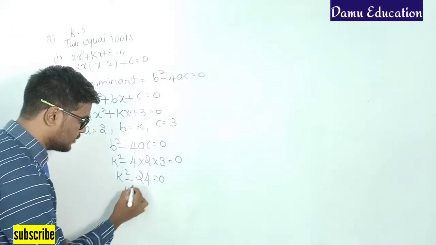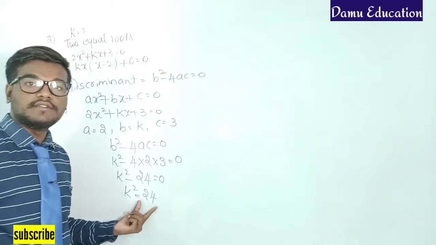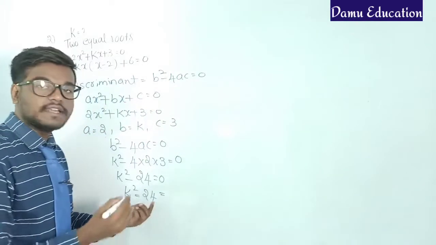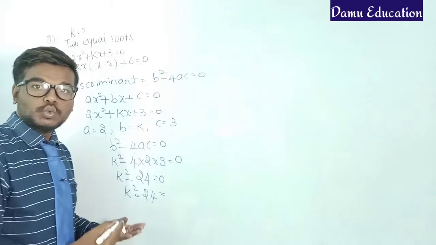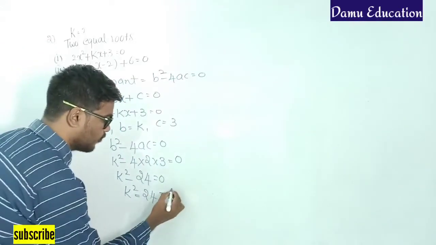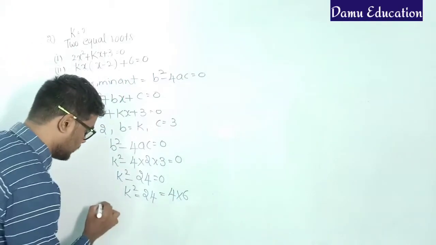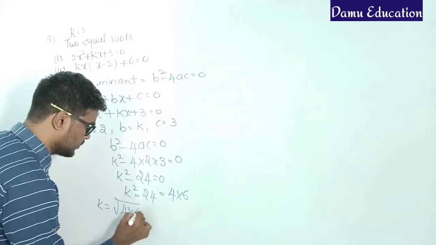Then k square will be equal to 24. We can write 24 as the product of a perfect square, 4 into 6. Then k will be equal to square root of 4 into 6.